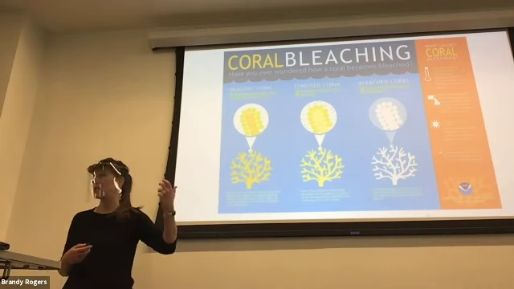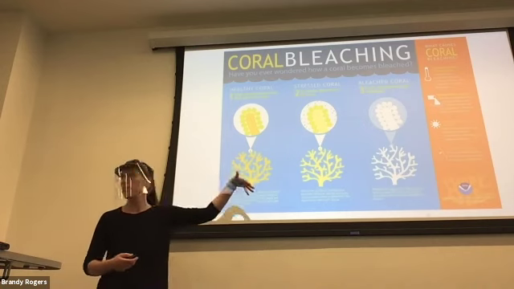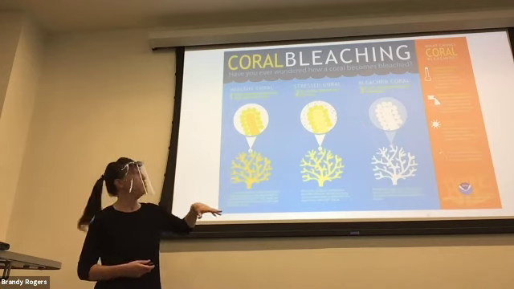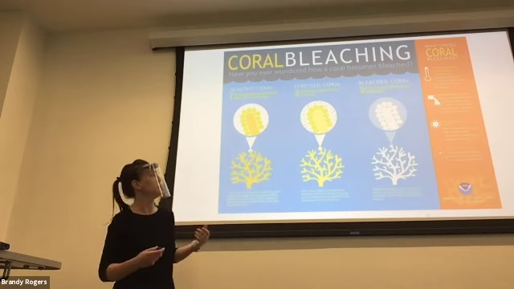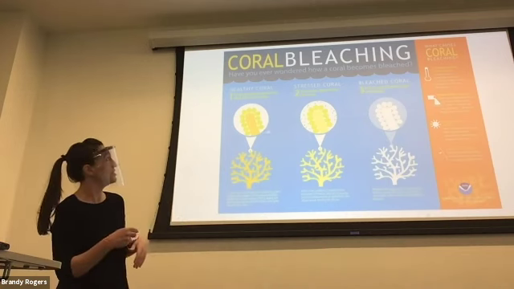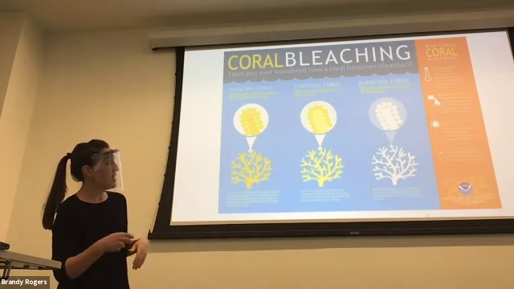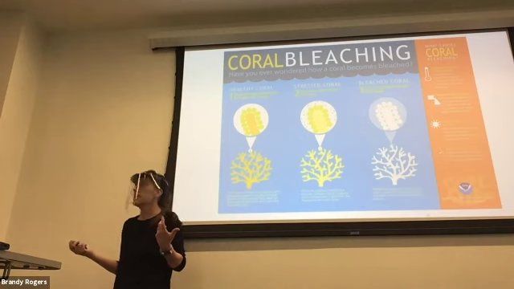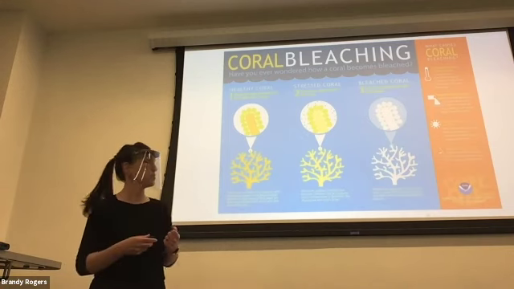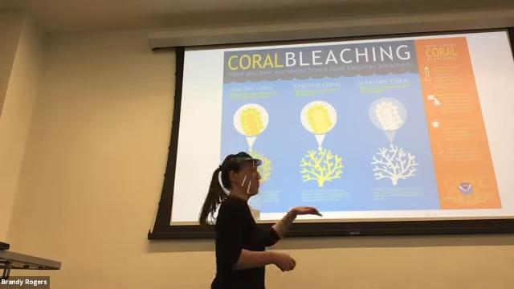So they've got photosynthetic pigments, which give them an array of different colors. So when that coral polyp gets stressed, which it does really easily with changes in environmental conditions, it kicks them out. And if they leave, the coral isn't getting food anymore because it's dependent on that symbiotic relationship with the zooxanthellae for food.